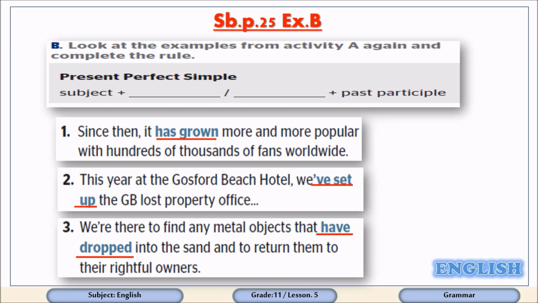So the subject metal objects comes with have plus the past participle dropped. From these three sentences, we can notice that the present perfect simple consists of the subject, then has for singular, or have for plural, plus the past participle.